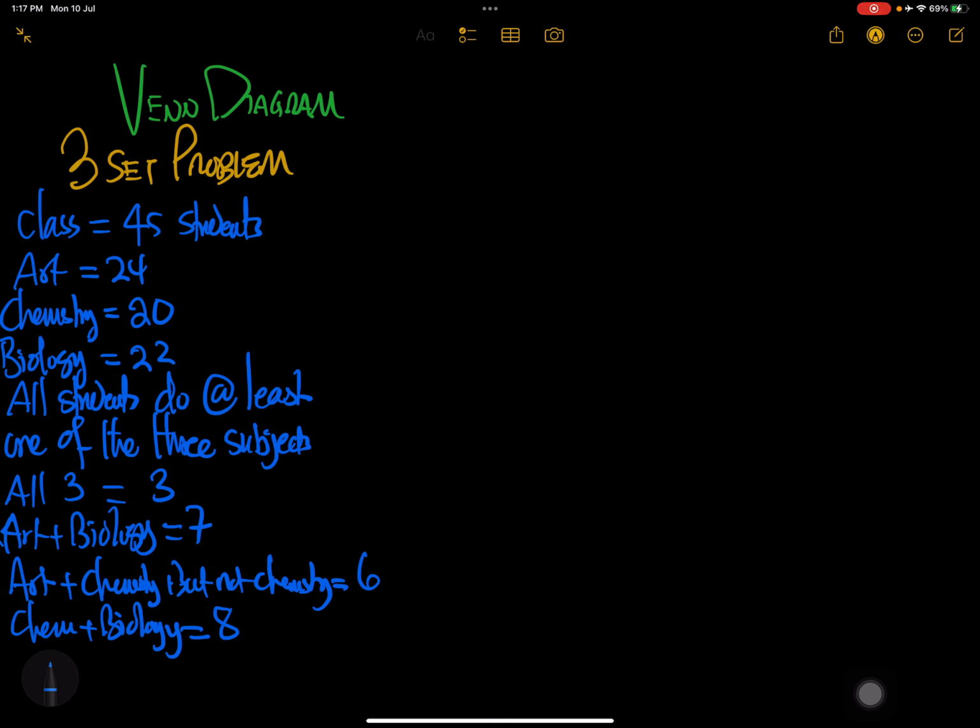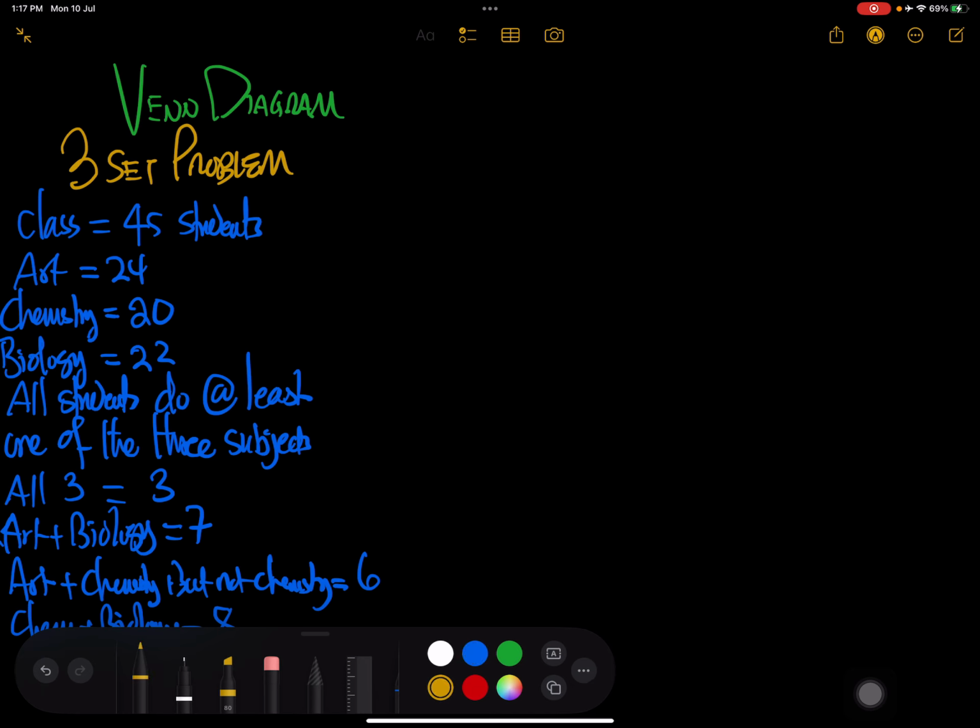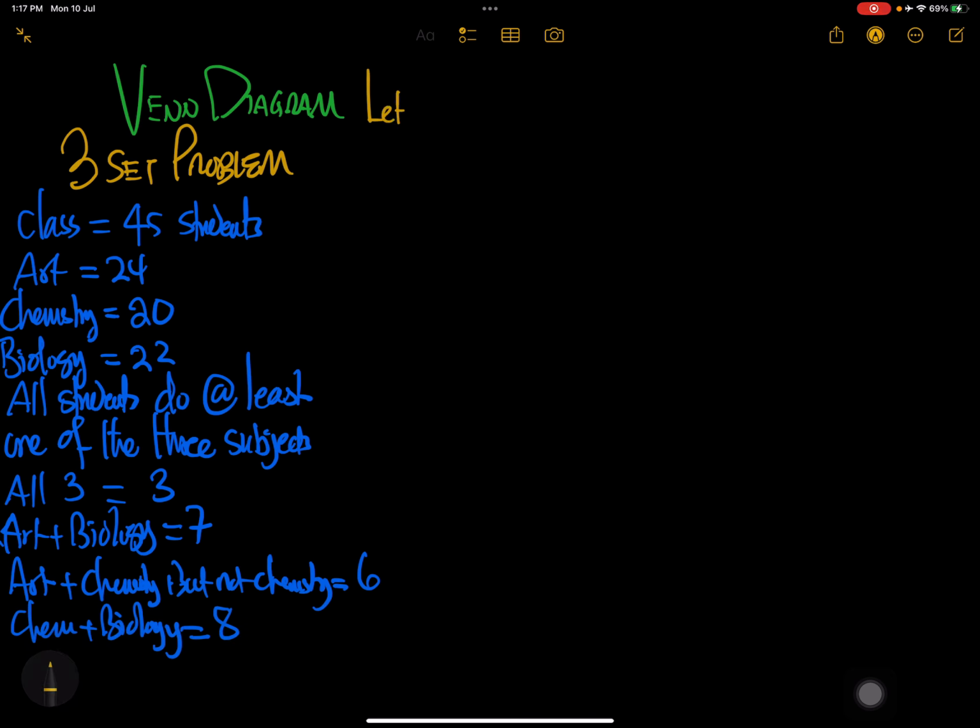Now let's start putting in the notations. So I think the first notation we're going to say is that let n be the number of members or elements. And we can also let this be the universal set.